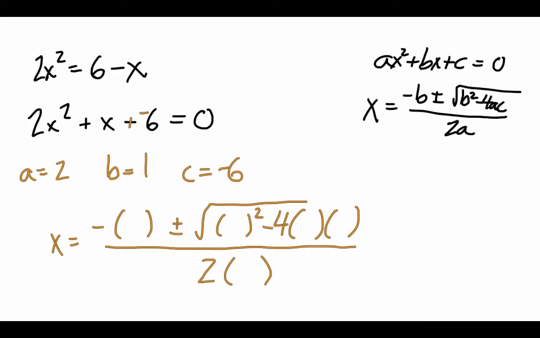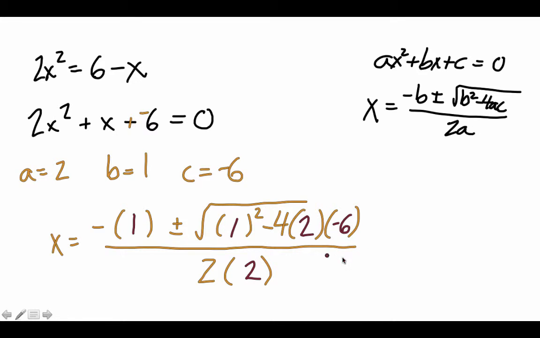So now I'm just going to fill in all of these parentheses with the variables that they are. The opposite of 1, plus or minus the square root of 1 squared, minus 4 times 2 times negative 6, all over 2 times 2.